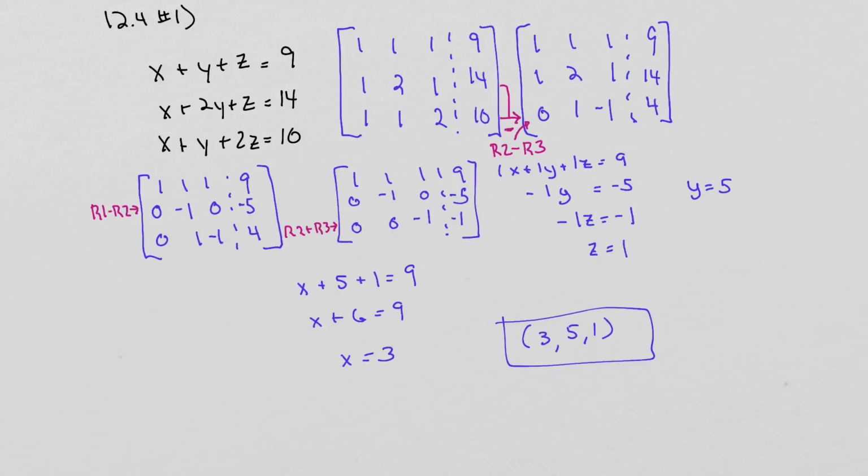And when you do that, you're trying to get these 3 zeros right here. So sometimes you have to multiply a row by a number before you add it to another row, so that you do get the zeros where you want them. So once you have these 3 zeros here, then it's easy to take the equations back out of the matrix and put the x's and y's and z's back and see, oh yeah, this is my x, y, and z.